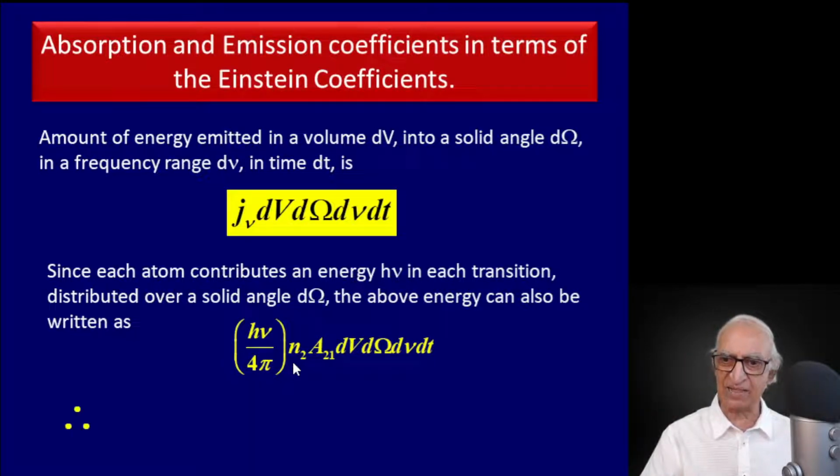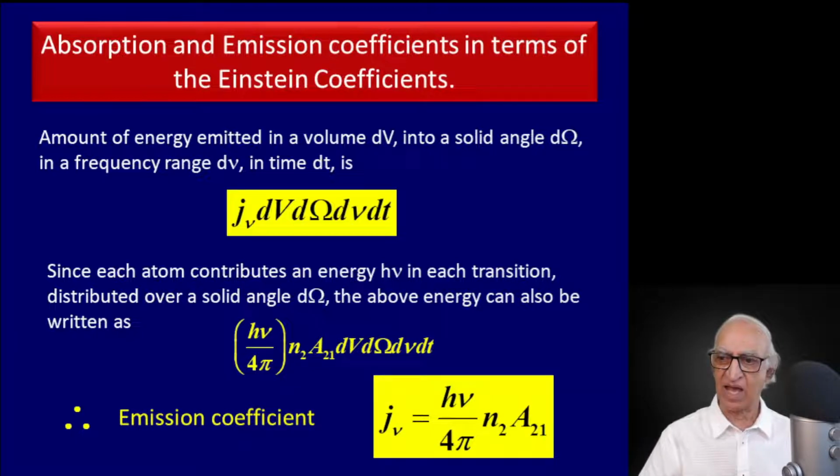So that is the relation between Einstein's coefficient A and what we introduced in the second lecture as the emission coefficient of a macroscopic body, that is determined by spontaneous emission, Einstein coefficient A. So the emission coefficient J nu is related to Einstein coefficient A.